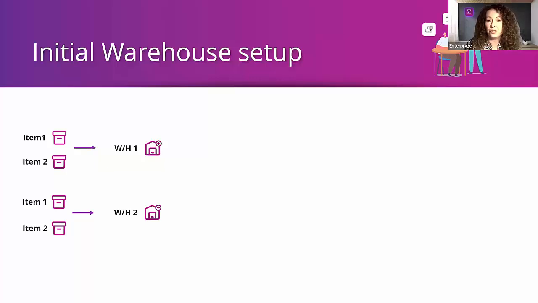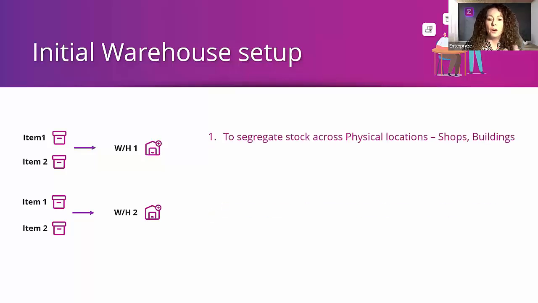This could be your brick and mortar store, this could be the van, this could be different locations where stock is being purchased and sold to and from. The whole point of a warehouse, as I've said, is to segregate the stock across your physical locations. So I've mentioned shops, buildings, vans, warehousing.